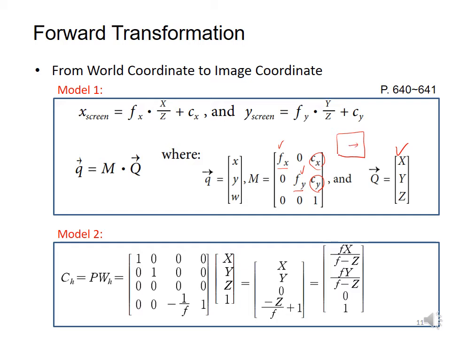So this is a geometrical center, and this is a CCD chip center. So there can be some difference between them. By applying these equations, we can get the x screen and y screen coordinates. So this is a matrix expression for this equation.